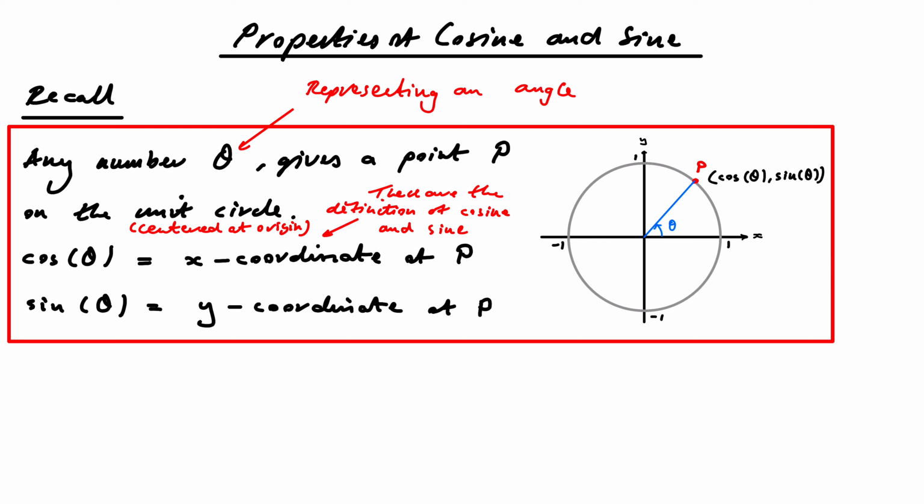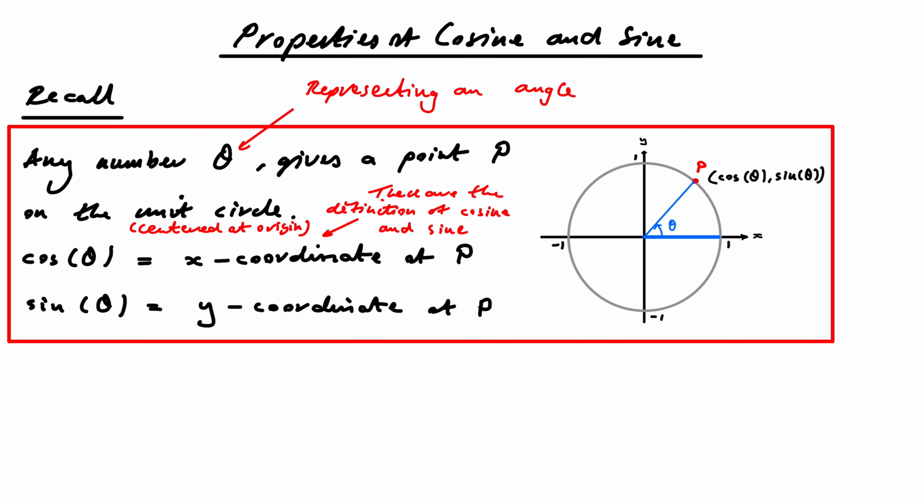The basic idea, as the drawing shows, is that you take a line out from the origin, starting at the positive x-axis, and the position given by theta is when you wind around counterclockwise if theta is positive, or clockwise if theta is negative, winding around in radians and eventually stopping when you get to your angle theta.